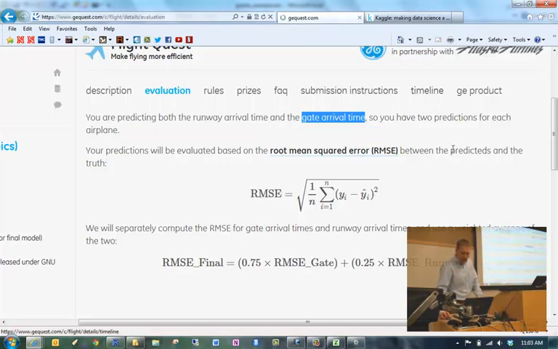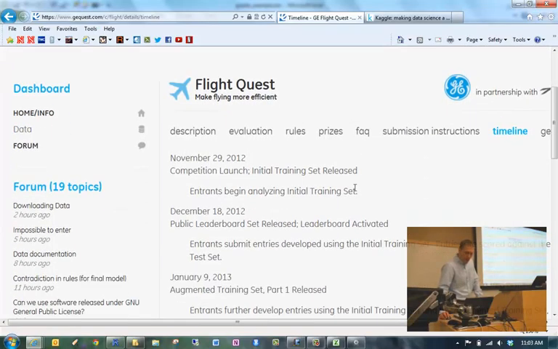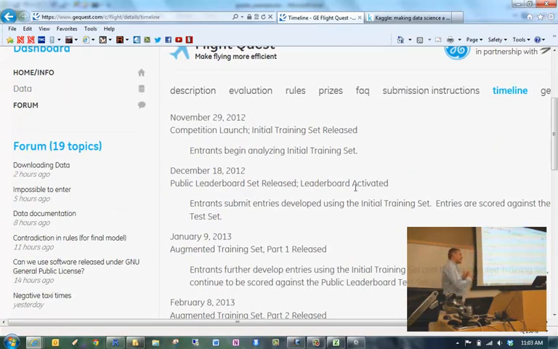This is a timeline of the actual competition. On November 29th, they made available an initial training data set that people could use. So this is like our model building data set that we learned about in section 9.6.